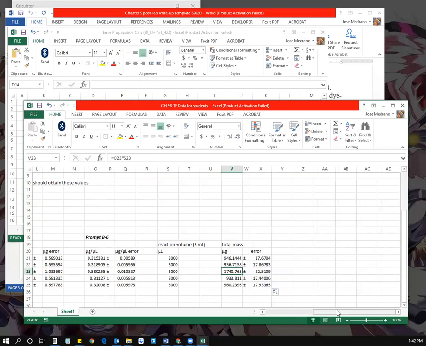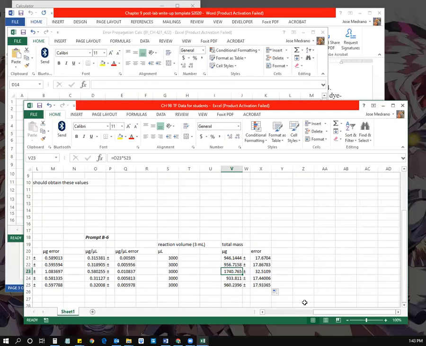SDS will naturally give you a higher value for this sample. So don't be alarmed if the reaction 5 calculation is way higher than all the others. That is very natural because of the effect that SDS has on the dye binding reagent.